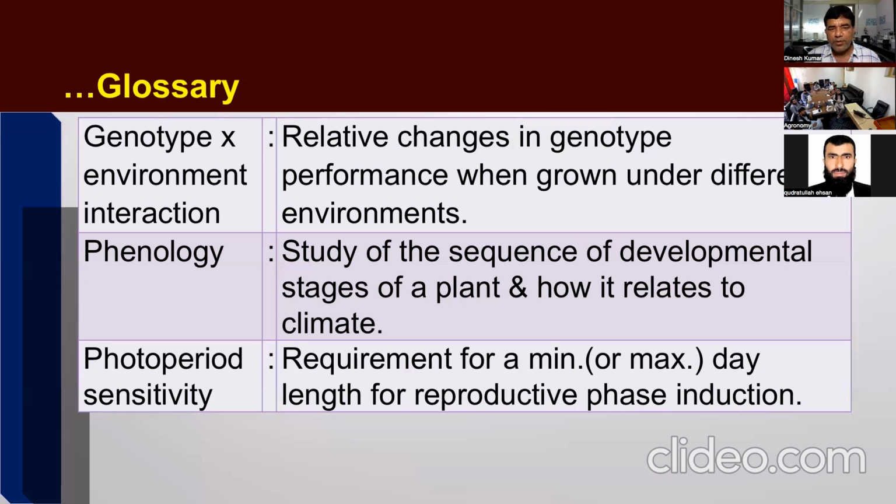Phenology. Phenology is a study of the sequence of developmental stages of a plant and how it relates to climate. So phenology is with respect to phasic changes, changes in phases. I can give one best example of phenology. See, when I was born, I was a small child.